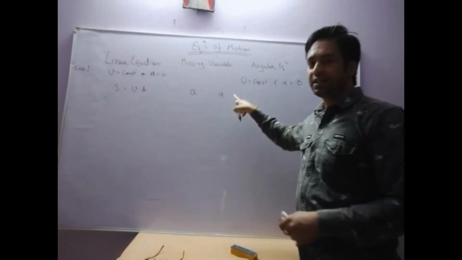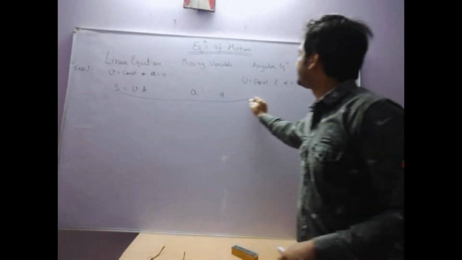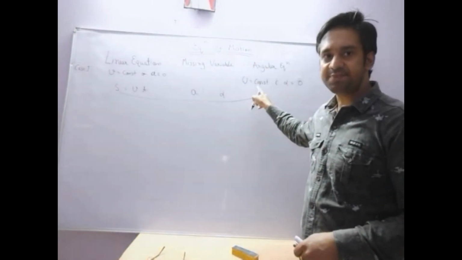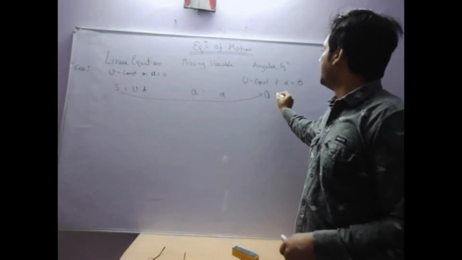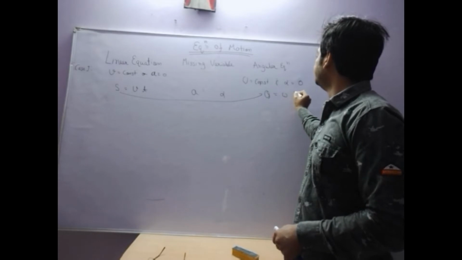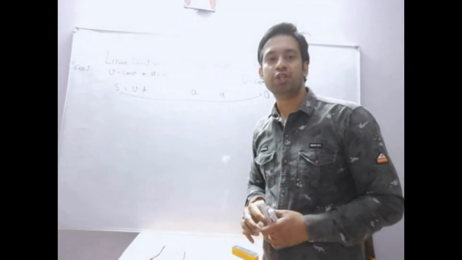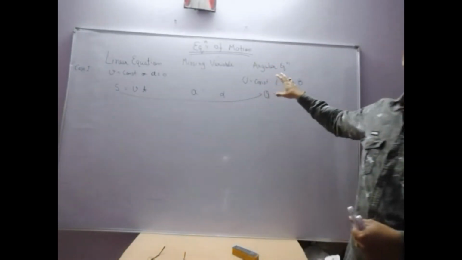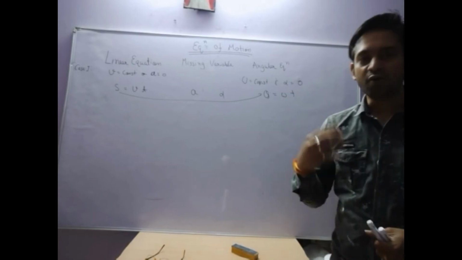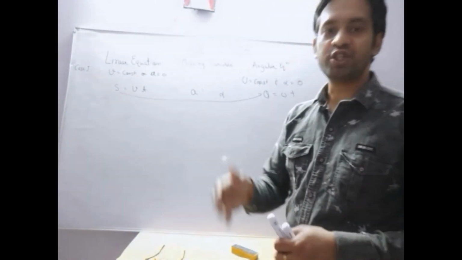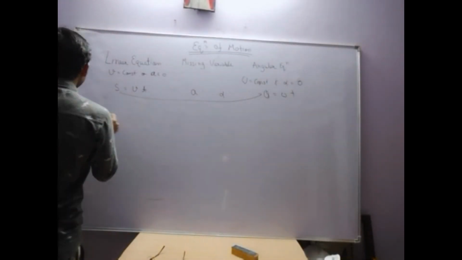Now for the angular equation, we can replace s by angular displacement and v by omega. So the angular equation of motion is theta = omega t, or angular displacement is equal to angular velocity into time taken.